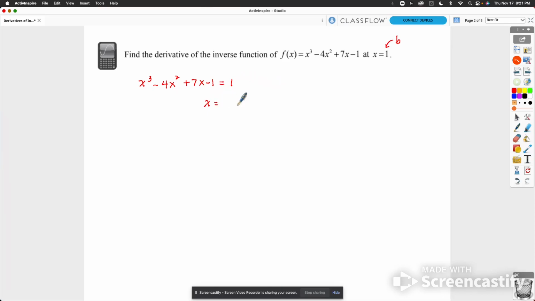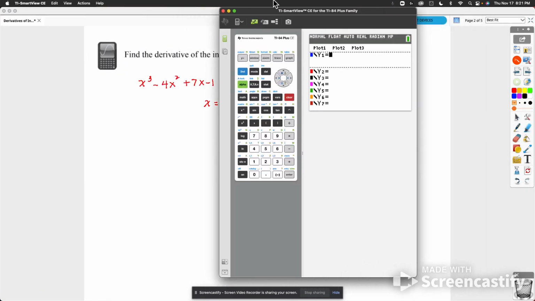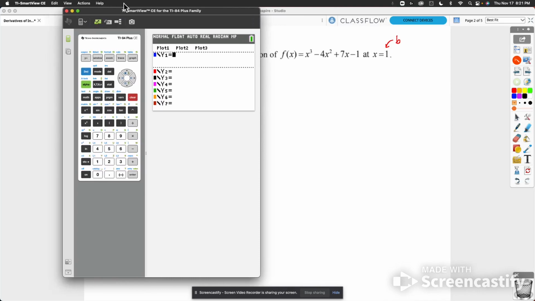We'll use the calculator for this one because this one is cubic. So we type into y sub 1 our function: x cubed minus 4x squared plus 7x minus 1.